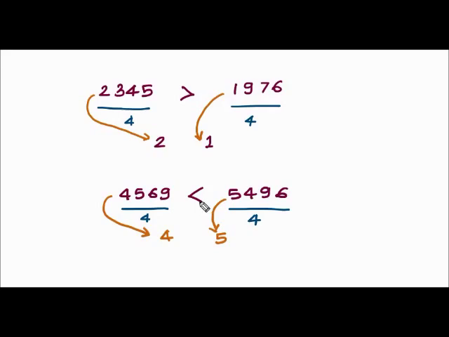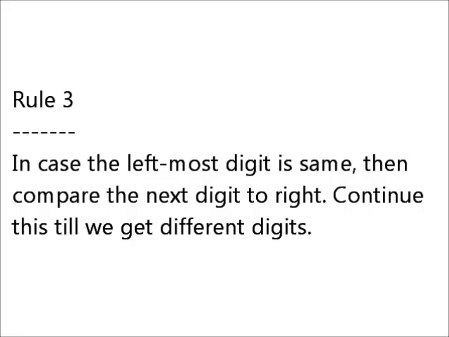But what happens if we have the same leftmost digit? If I have 4596 and 4569, which one is greater? The first rule says count the number of digits. Here we have 4 and here also we have 4.